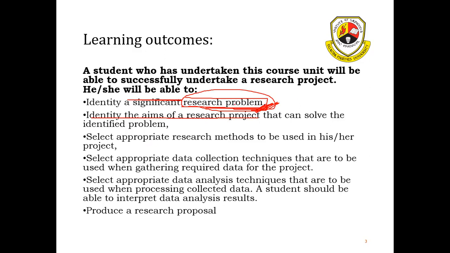Once we have identified our research problem and our objectives or aims, we then select appropriate research methods. One of the things we shall note when we begin to define research methods is that it is a scientific process. So any scientific process has methods. There are methods people use to solve problems. Just like if you have a mathematical problem, you have mathematical formulas to resolve them.